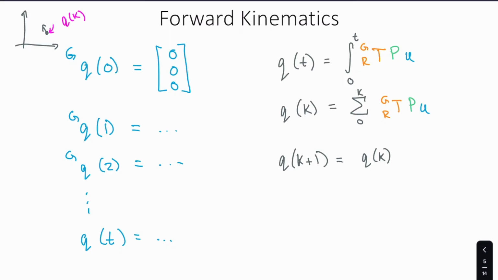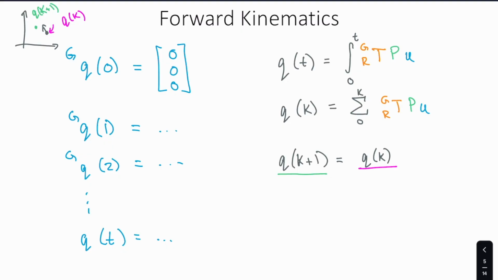And we're more interested in finding Q at k plus 1. So where will that be? Well, since I drew the heading in this direction, it's probably something like in that location there. But it also depends on the angular rate of the robot itself. So let's say it ends up here, and that's Q at k plus 1.